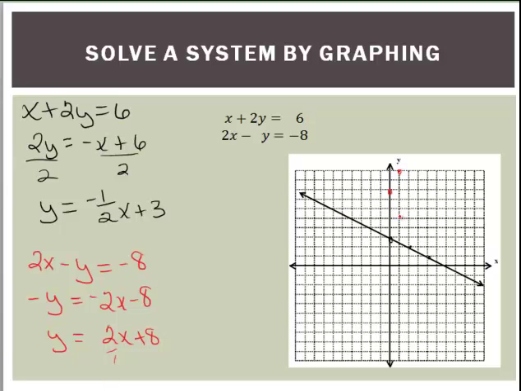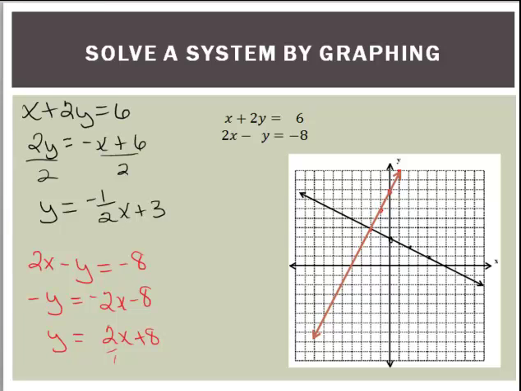Up 2 over 1. You could even go down 2 and back 1, if you wanted to get a few more points. That's actually a really good thing to do, because now we can see where those two lines meet, and that's actually what we're looking for. Okay, so here's the second line.